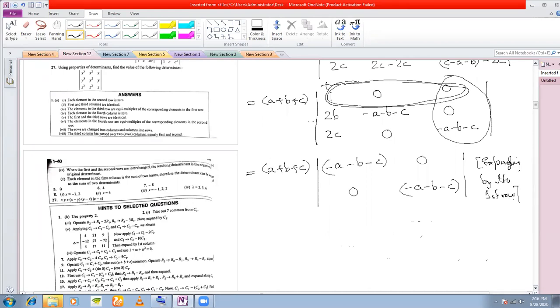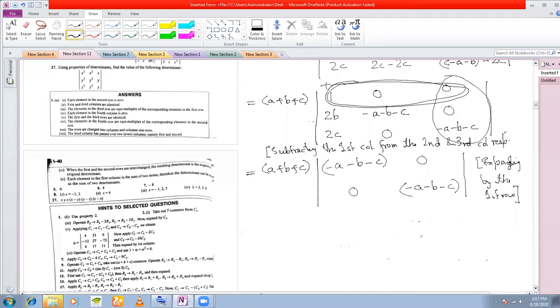And here also you'll give your reason: subtracting the first column from the second and third column respectively.